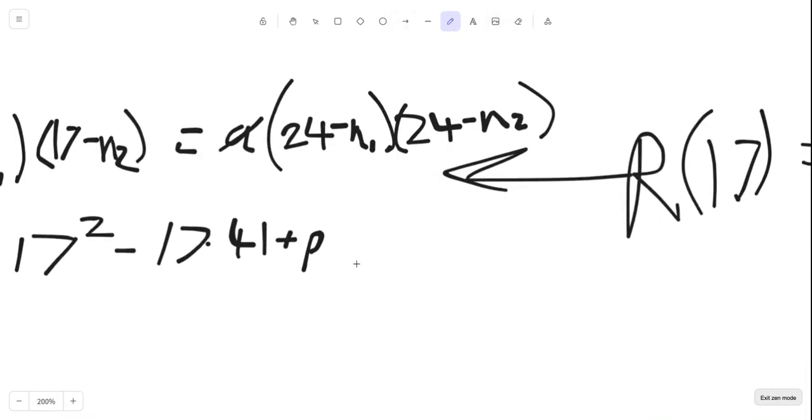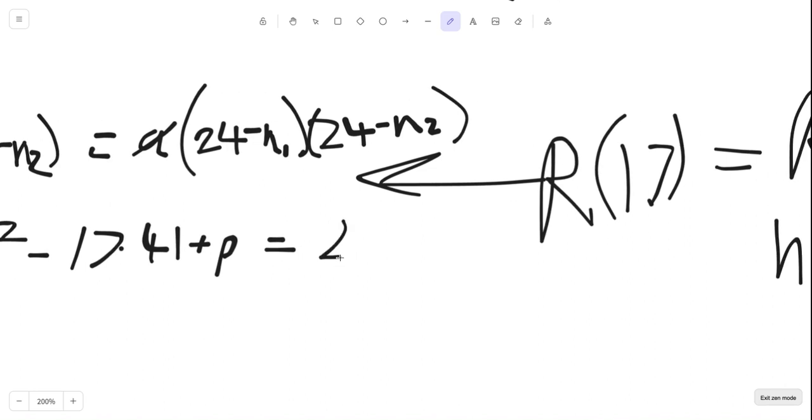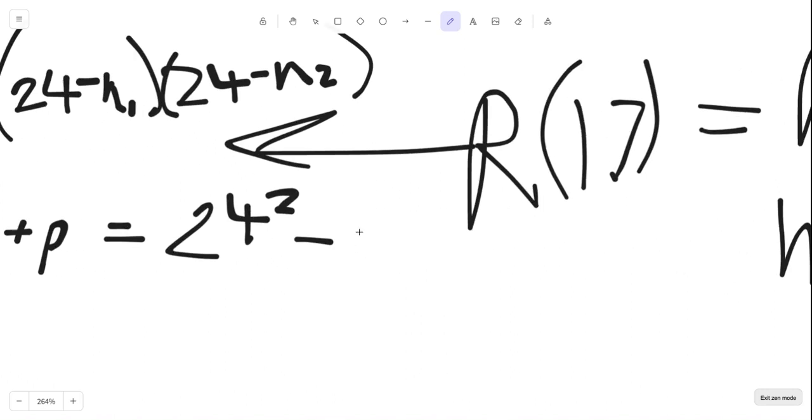That is equal to 24 squared minus 24 times 41 plus p.